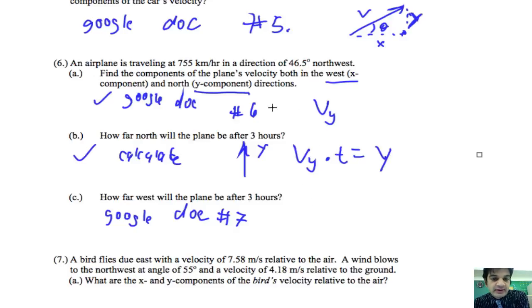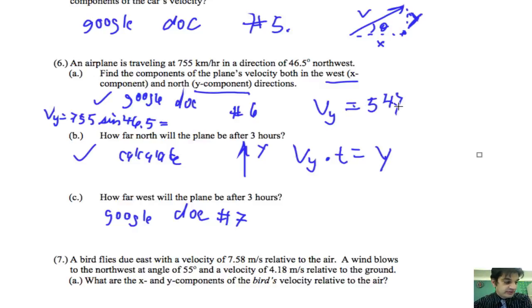I'll actually do one of these for you. If I were to get the y component, Vy is going to be 755 times the sine of 46.5. And we go ahead and calculate that. We will actually get 547.66 kilometers per hour.